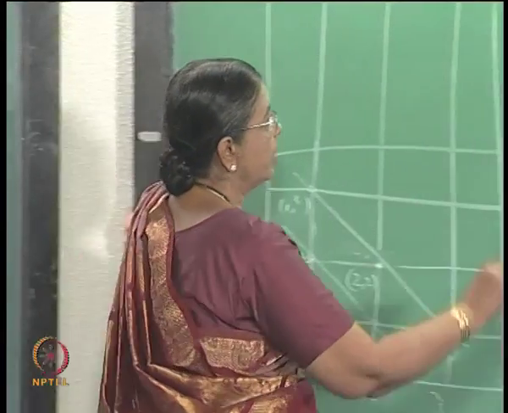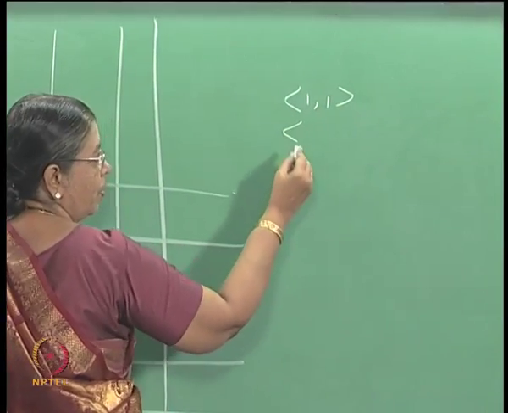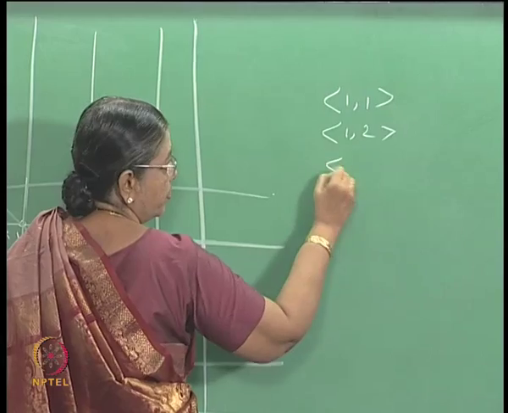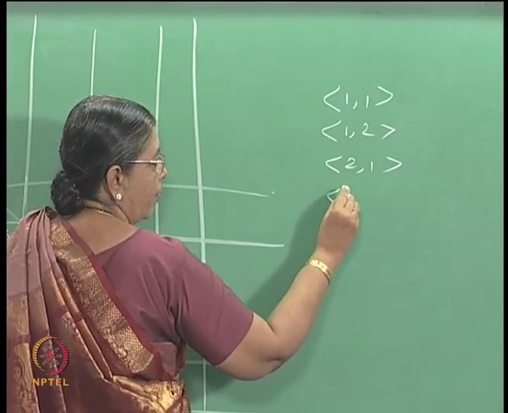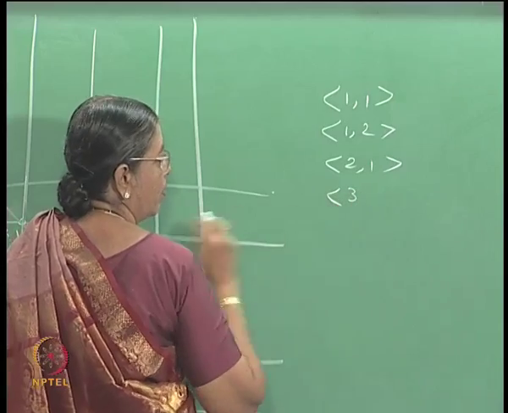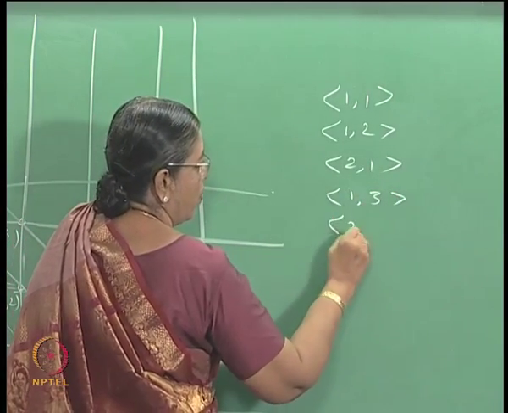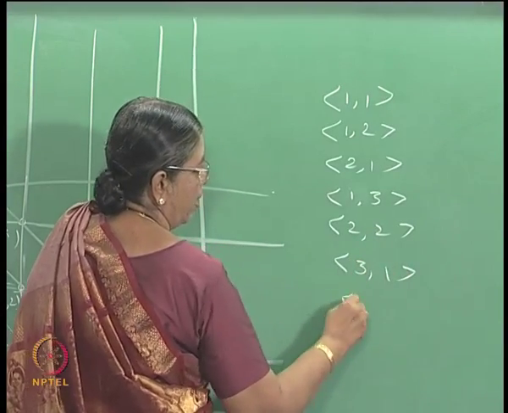So, which one will come first? 1 1 will come first, the sum should add up to 2, then the sum should add up to 3, 1 2, 2 1, then 4: 1 3, 2 2, 3 1 and so on.